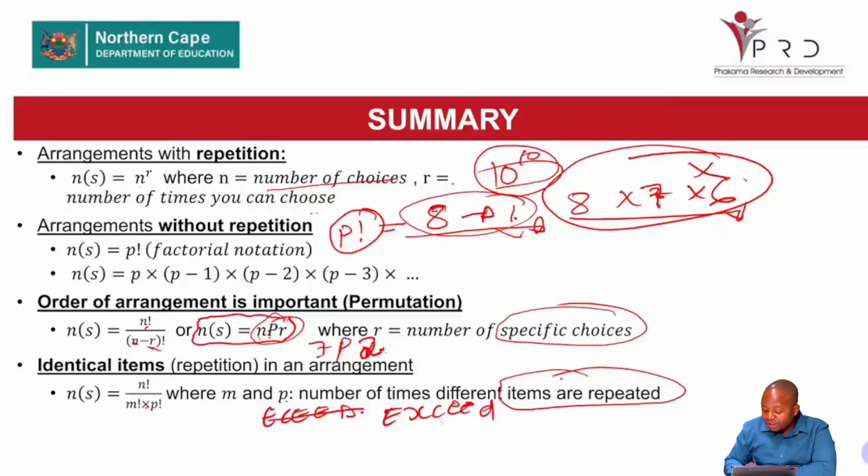In this word, if I was looking for identical items, the number of ways, we can count 1, 2, 3, 4, 5, 6. So it's 6 factorial over the identical items. Which letter is repeated? It's letter E. How many times does it repeat itself? 3 times. So it's going to be 3 factorial in that case. How many letter E's do I have? 1, 2, 3.